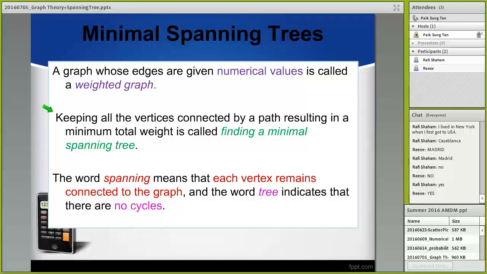This is an application like the street cleaning that I'm talking about. In this case it will be, let's say, mail delivering: the shortest time to deliver all the mail to everybody. And you will find a minimum spanning tree.